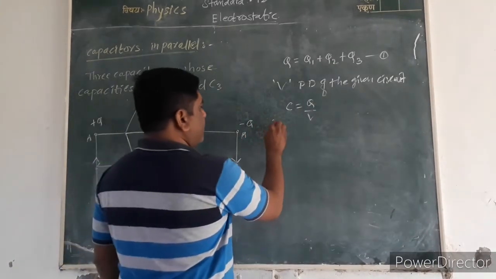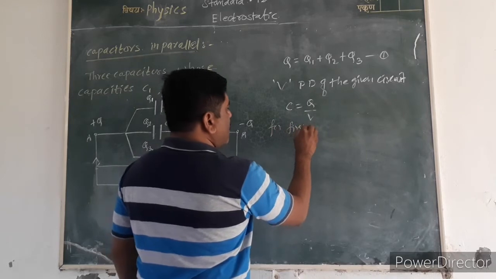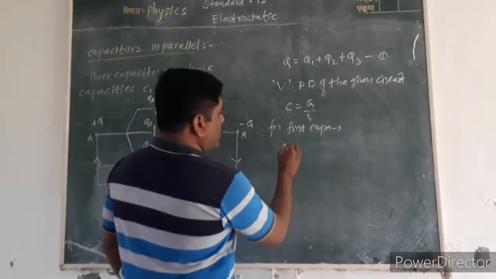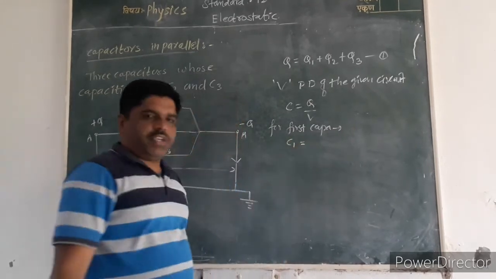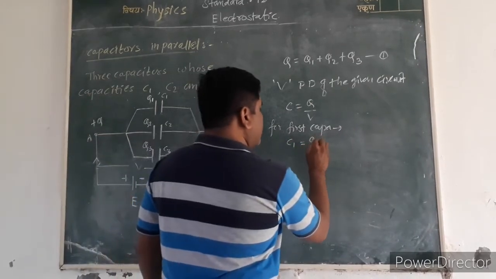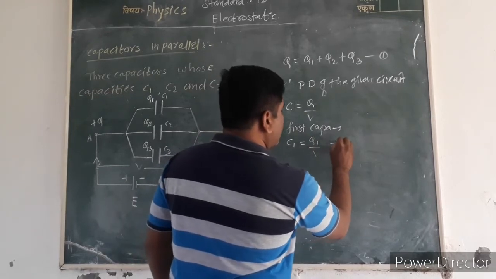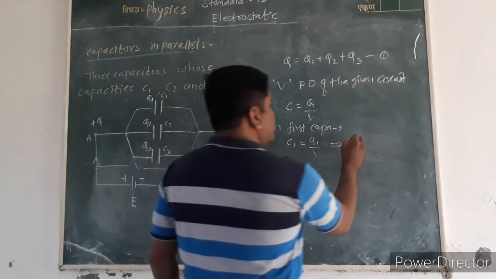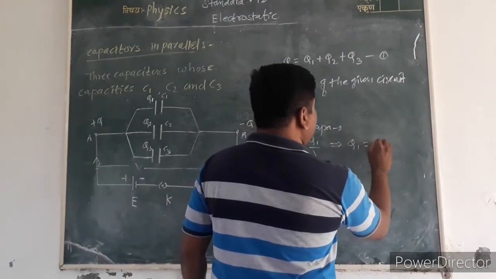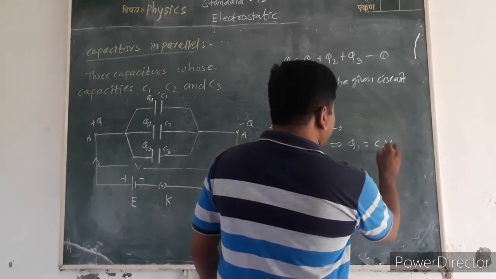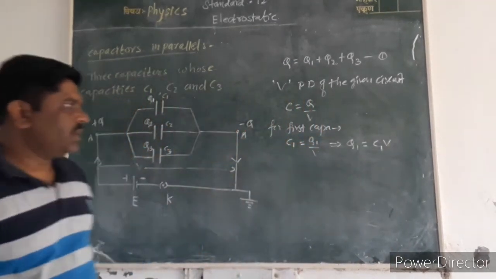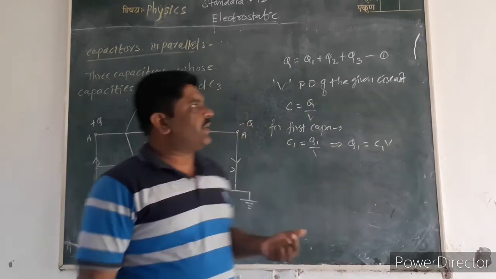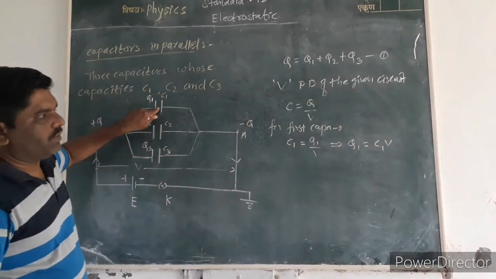For the first capacitor, whose capacity C1 is equal to Q1 upon V, this gives charge Q1 is equal to C1 into V. This Q1 shows the charge stored in capacitor C1.